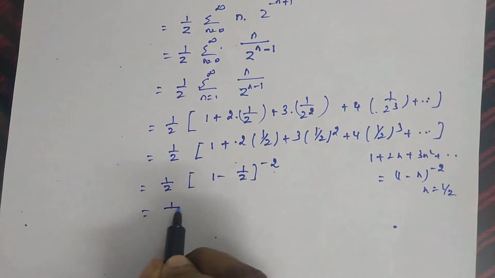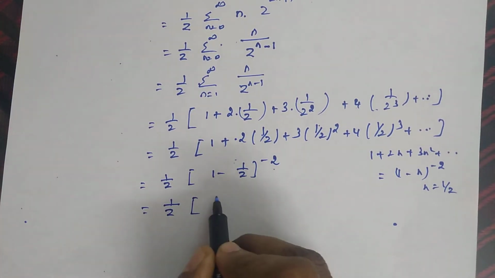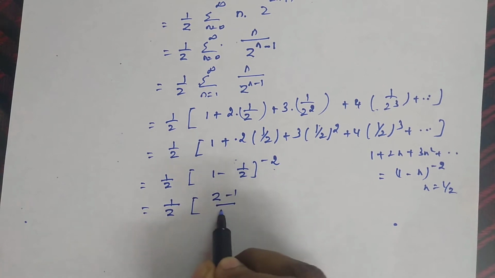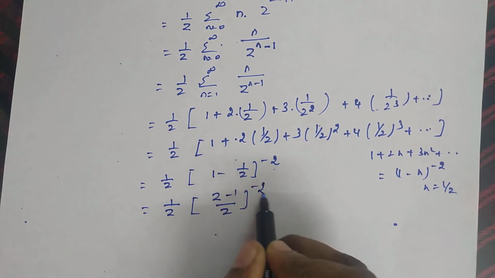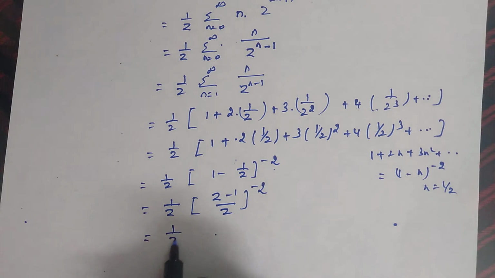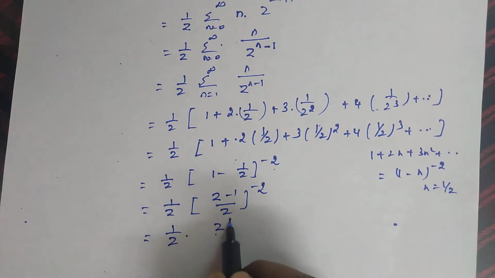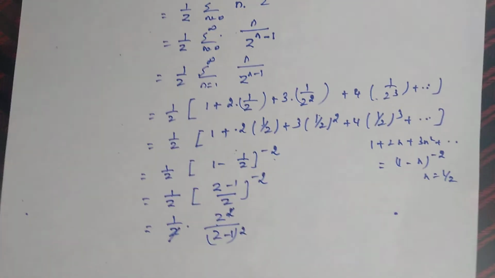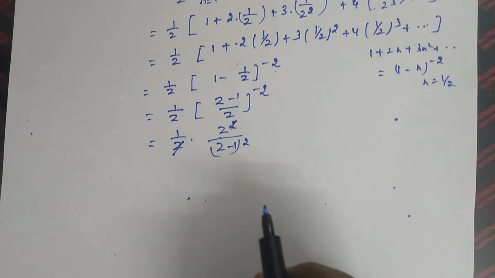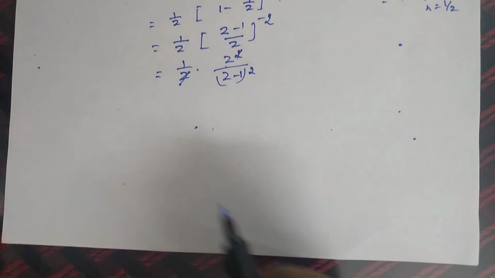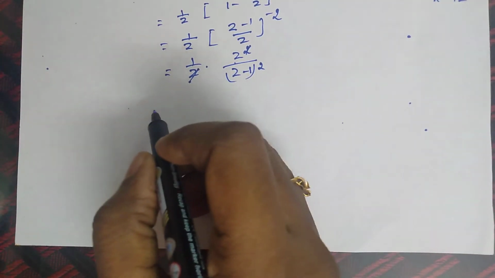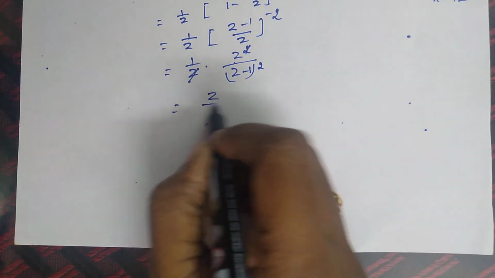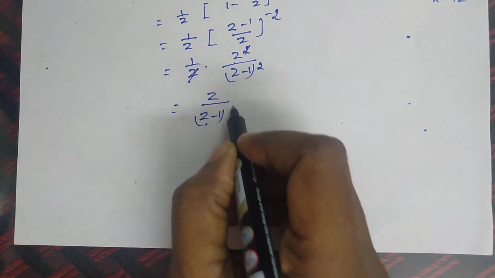That is 1 by z into z minus 1 by z whole power minus 2, and that is equal to 1 by z into z square by z minus 1 the whole square. Now we can cancel the z and square. So which is equal to z by z minus 1 the whole square.